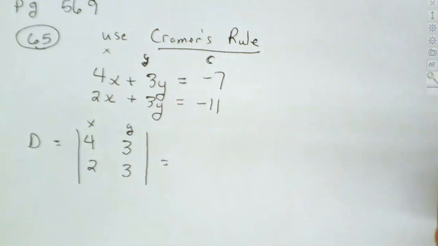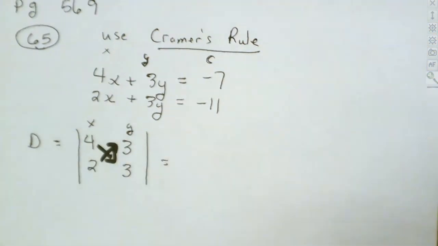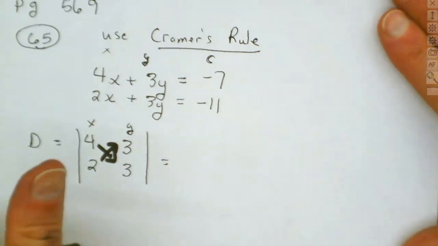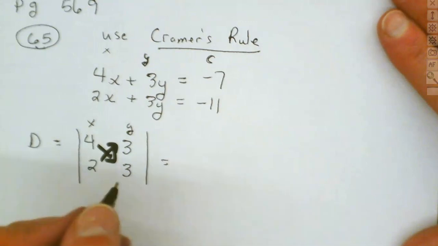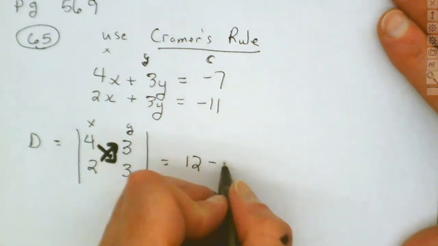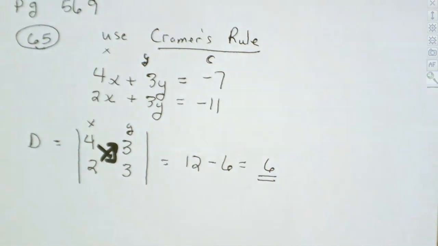So find this determinant. 4 times 3, and you can write it out or do it mentally. 4 times 3 is 12 minus 2 times 3 is 6. 12 minus 6, that's a 6. So we've got to keep track of that. Okay, so that's our first piece. That's our D. Now, we also need Dy and Dx.